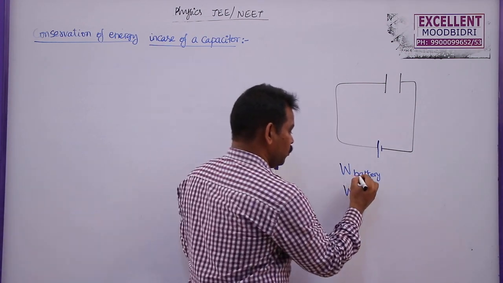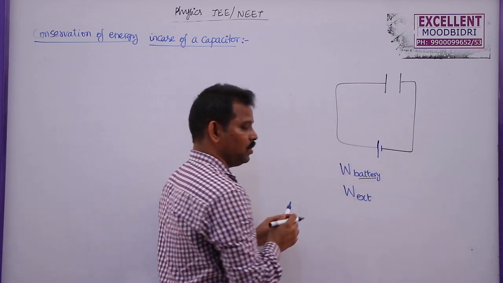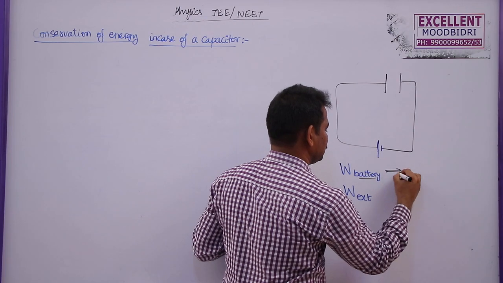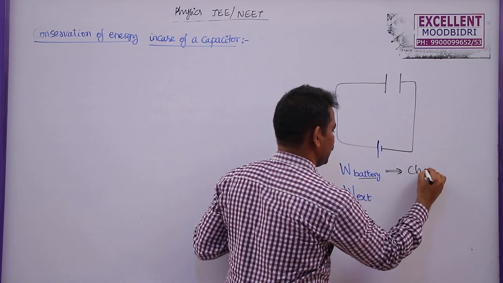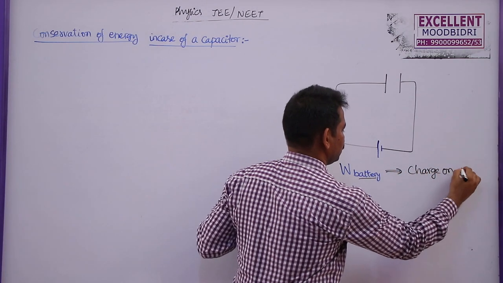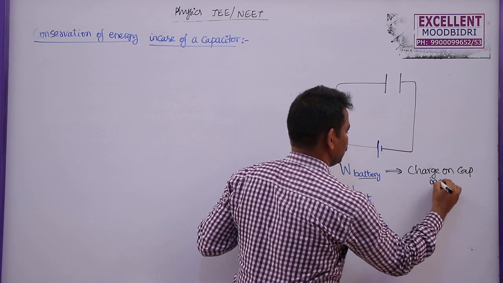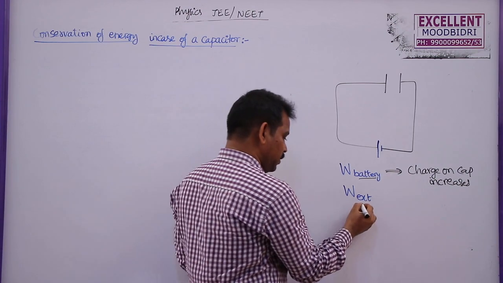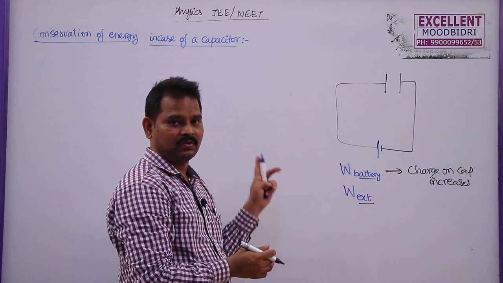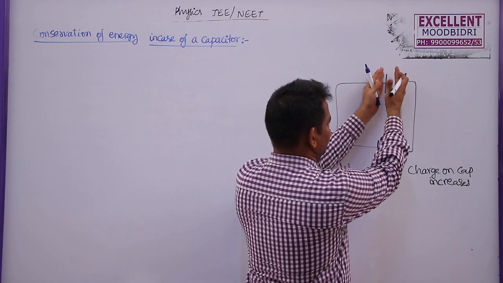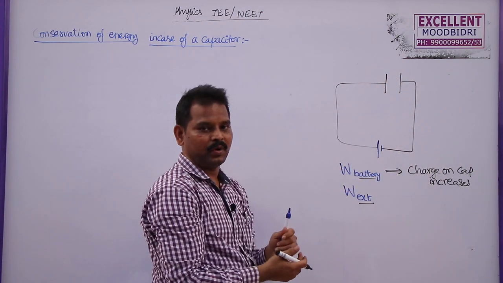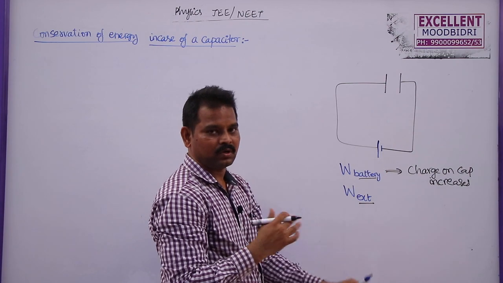Now whenever a battery does some work, what happens? The charge on the capacitor increases. Now, what is the effect of this external force? As we discussed earlier, to increase or decrease the distance between the two plates, the battery will not do that work.